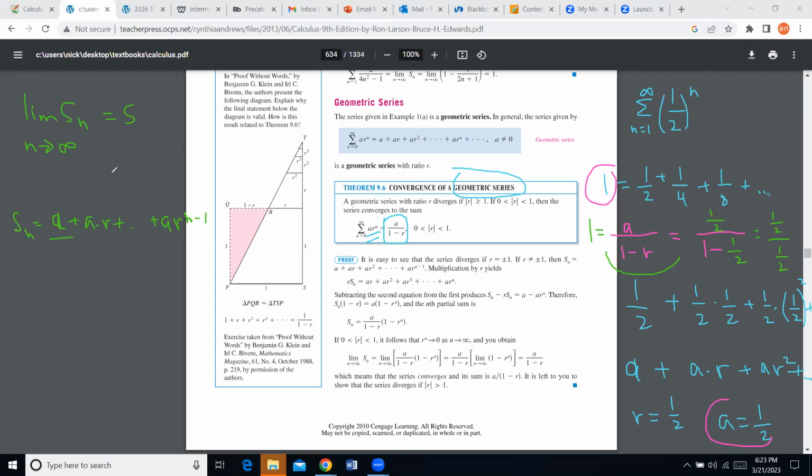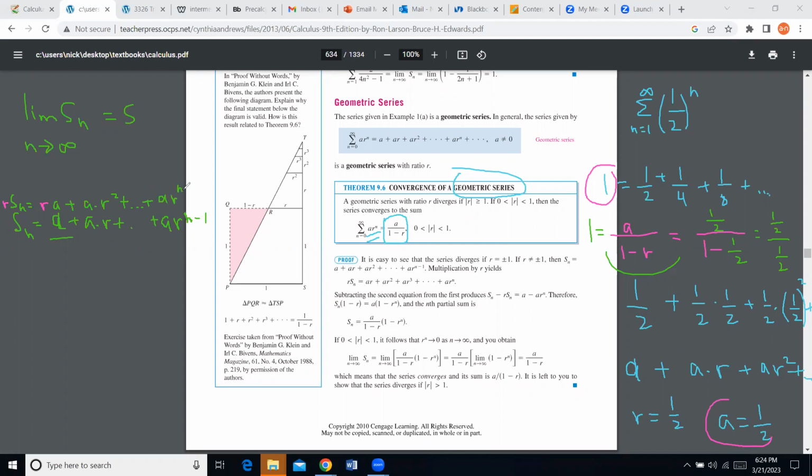And what they do then is multiply by r both sides. If I multiply both sides of this by r, then I'm going to get r times Sn is equal to r times a plus a times r squared, etc., a times r to the power of n.